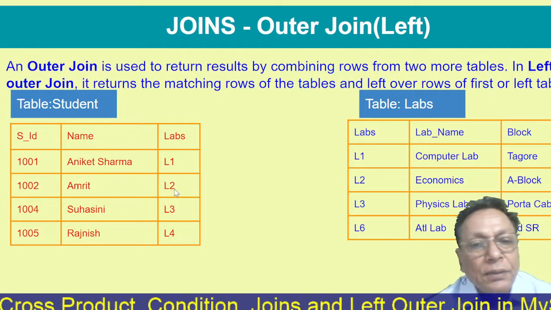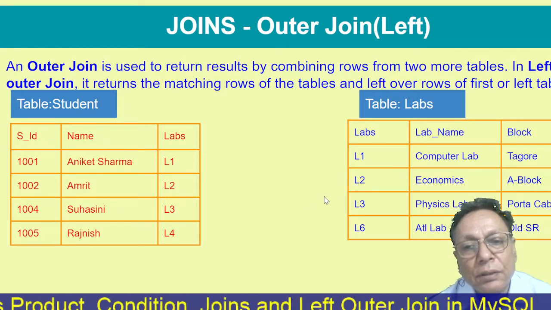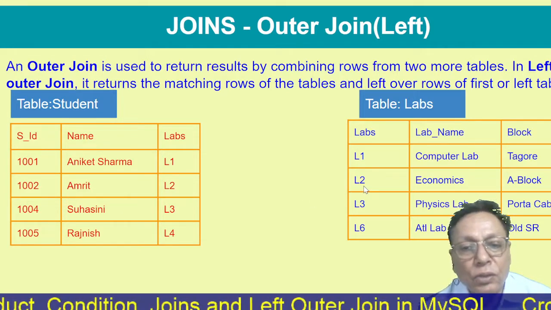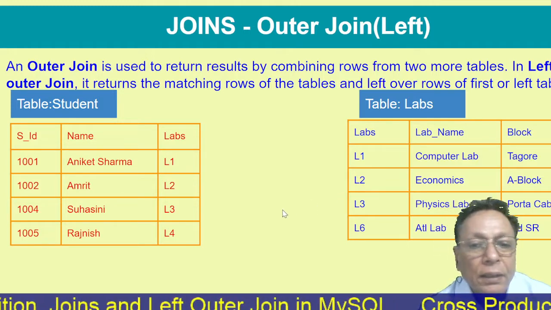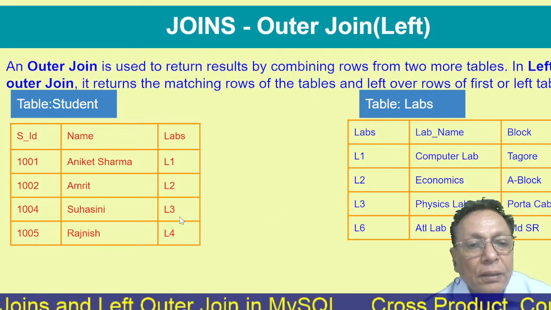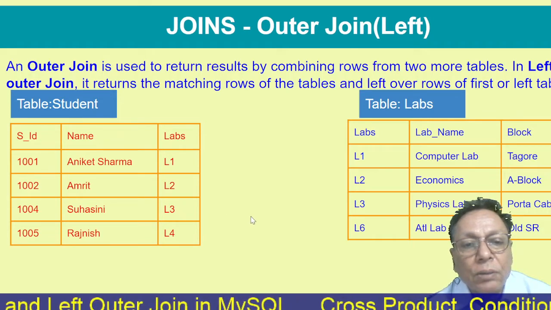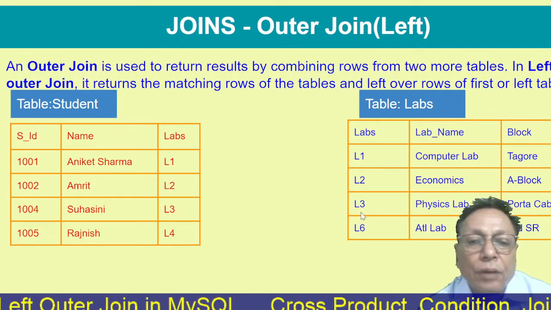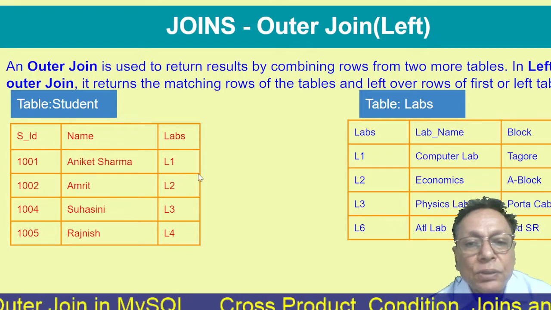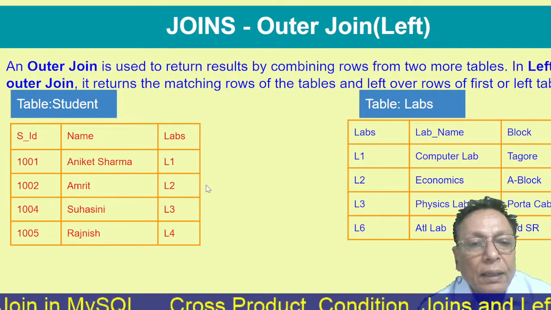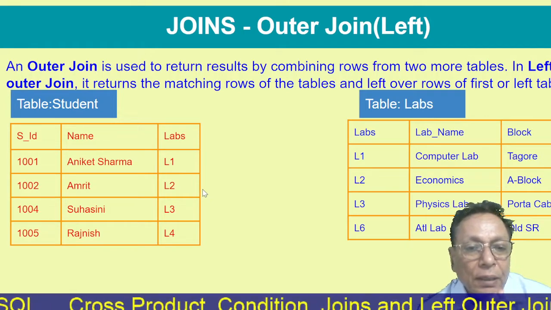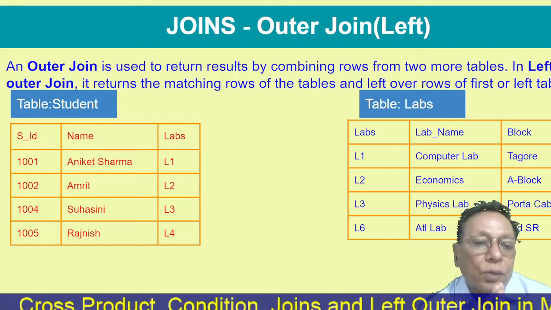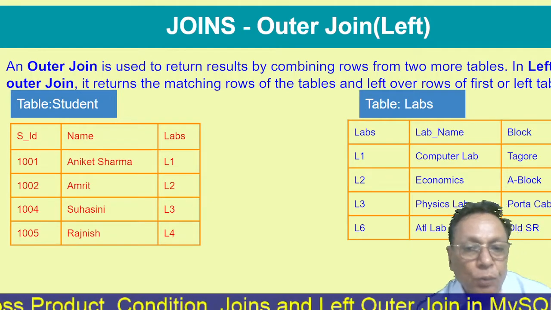Similarly, this code is matching with this code, so this record will also be considered in the output. And here you see this is L3, so the L3 code is also considered in the output because these codes are matching. And what will happen in this case, left outer join? These matched records will be considered as output.